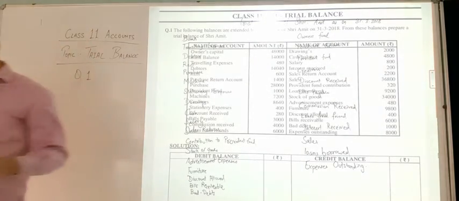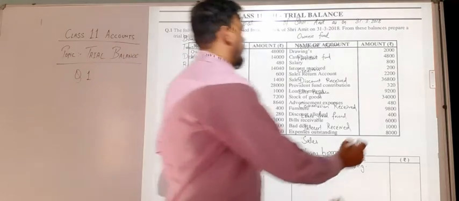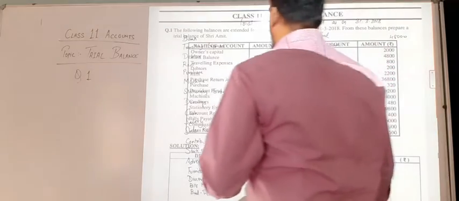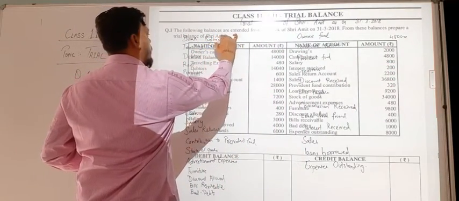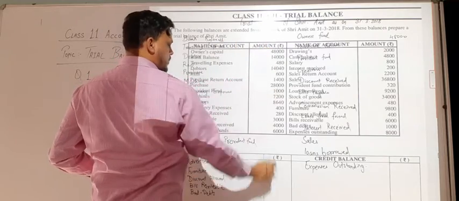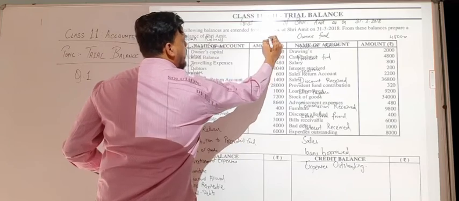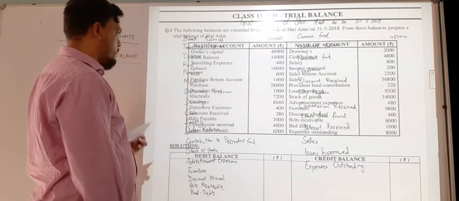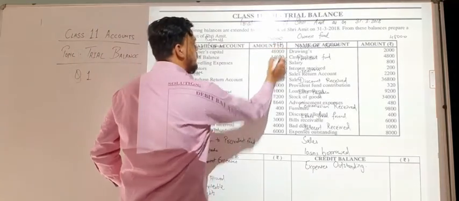I am writing accordingly. Do not worry, do not panic. So I am writing over here 4800. Then bank balance has been given, which is 14,000. Then traveling expenses has been given, which is 480.